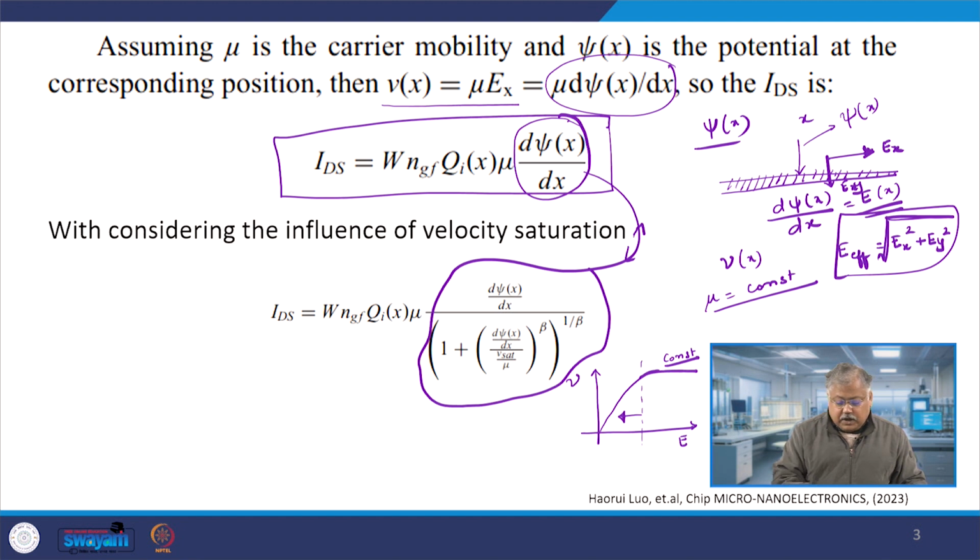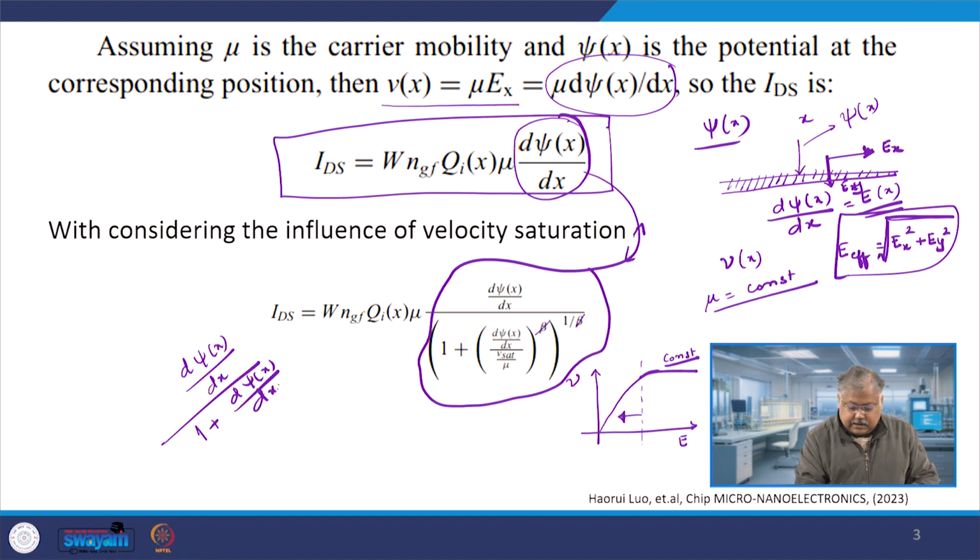Now, quite interestingly, if you look carefully, this beta will actually get cancelled out from a purely mathematical point of view, and therefore what I get is d psi x dx divided by 1 plus d psi x dx divided by Vsat by mu.